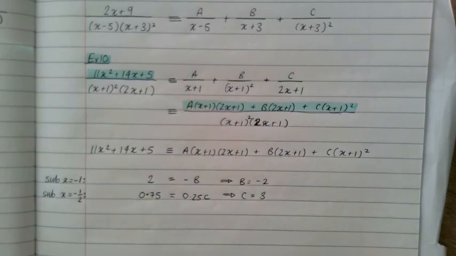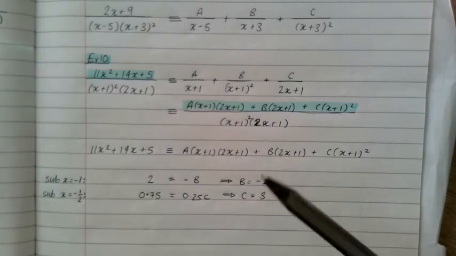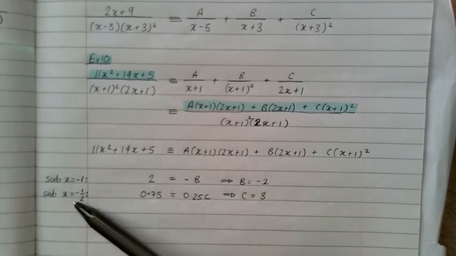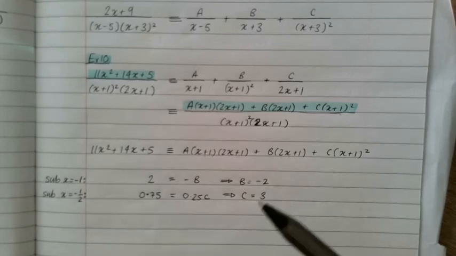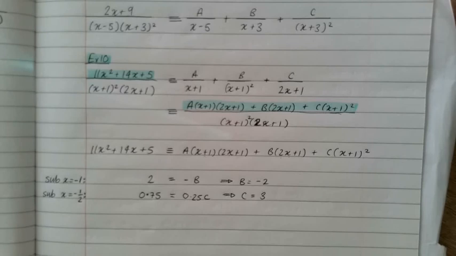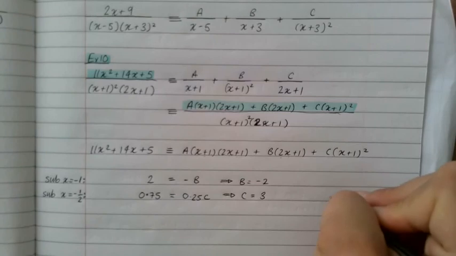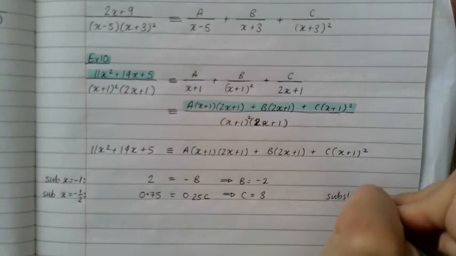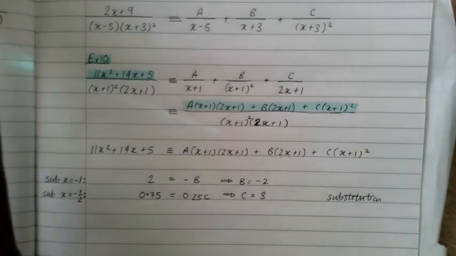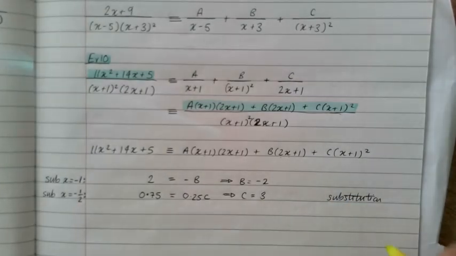So we've got b and c, and we still need to find a, but we don't have any more linear factors to substitute in solutions for. We've used the substitution method to find b and c, and we've done all that we can with this using the substitution method.